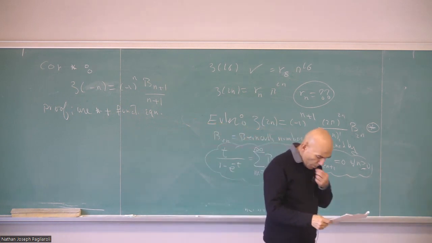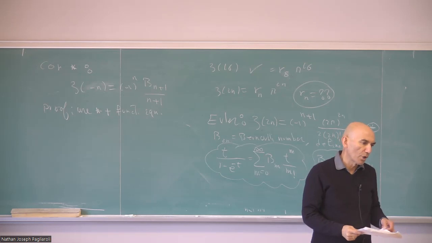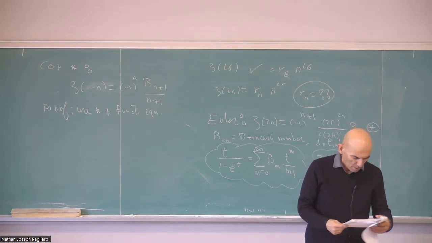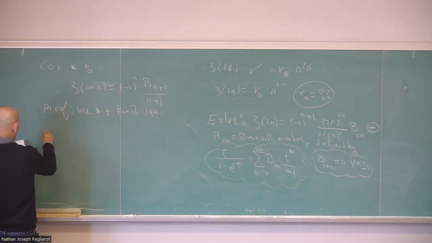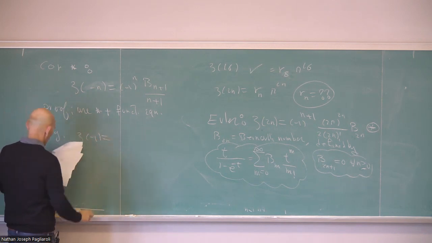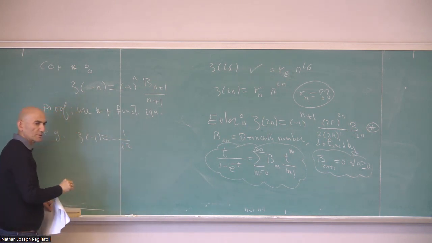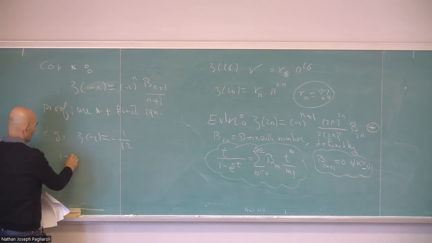So basically now, plenty of values of Euler, for example, let me write some values for fun. Zeta of -1 is -1 over 12. That's the famous YouTube fun, 1 plus 2 plus 3 plus 4.